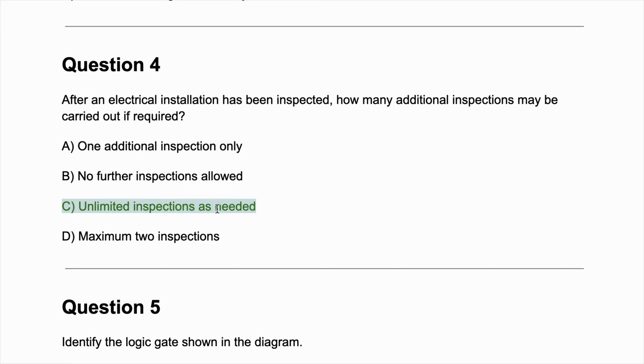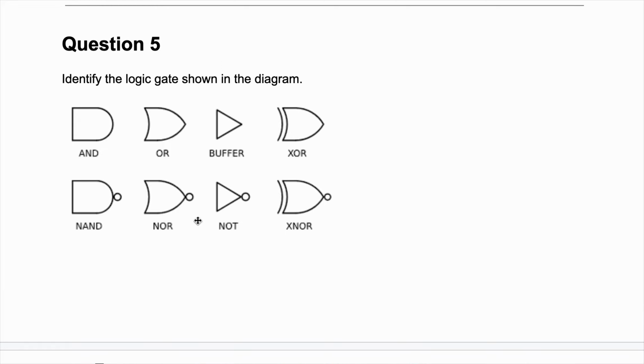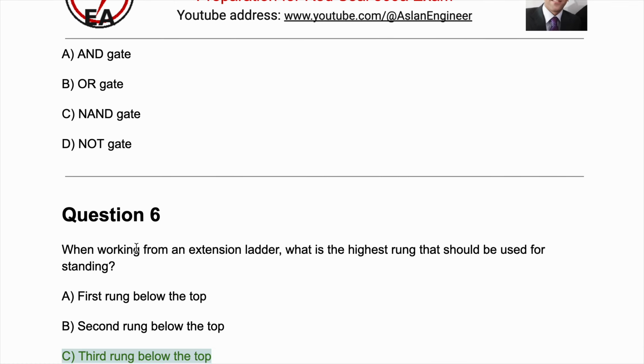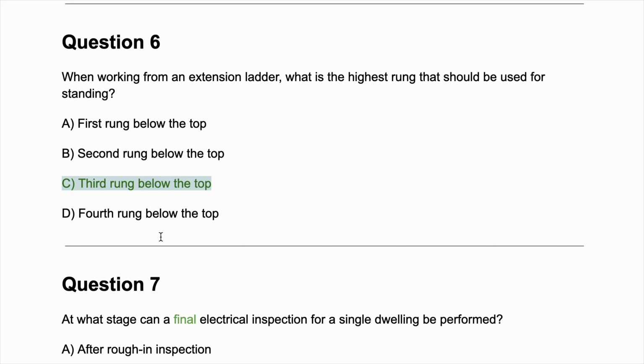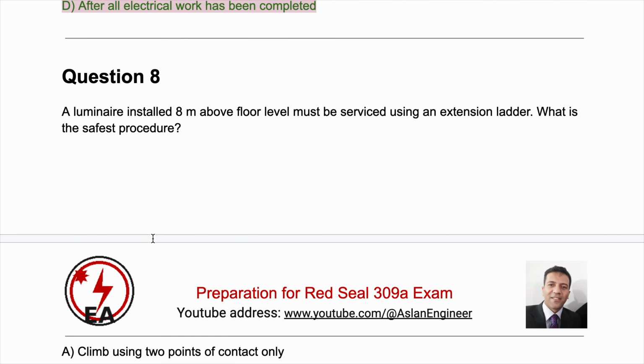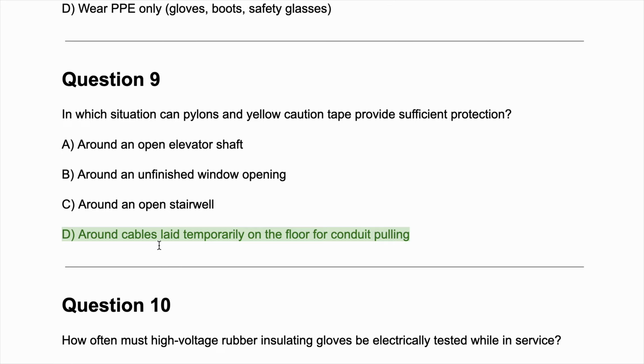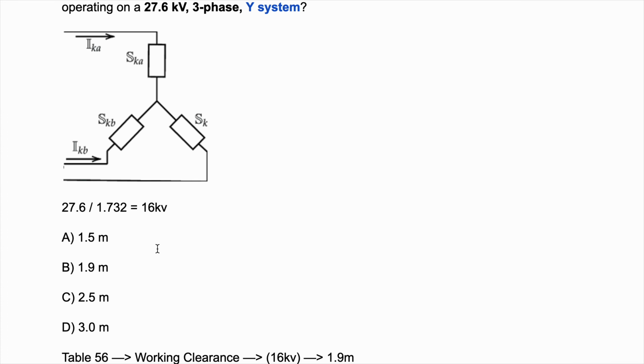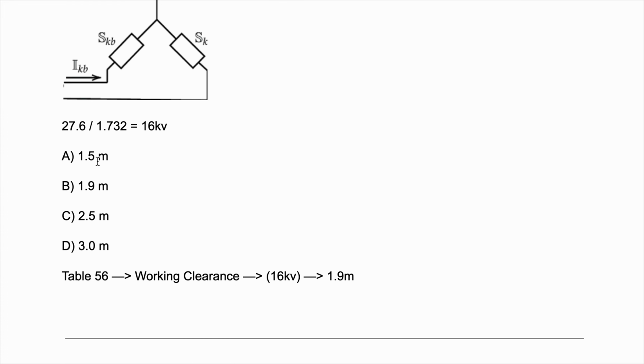You can find this in section 2, I think. These are easy ones, or you just need the logic gates, and you don't need to do a lot of calculations or searching in the book. So we solved some questions like these.